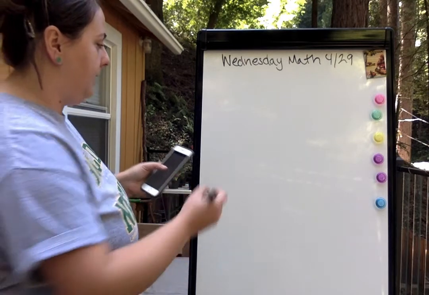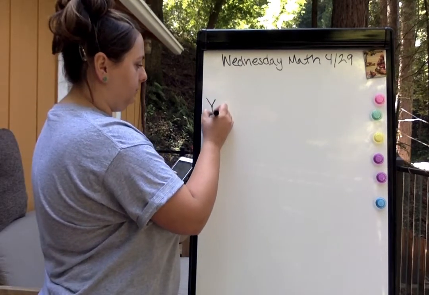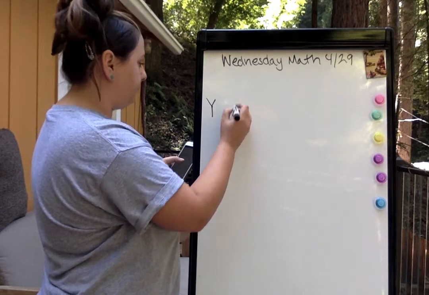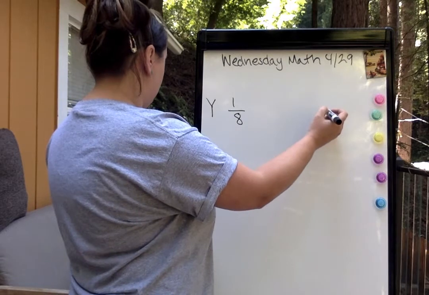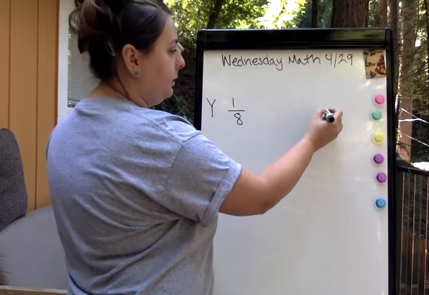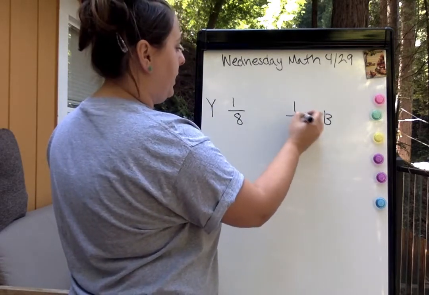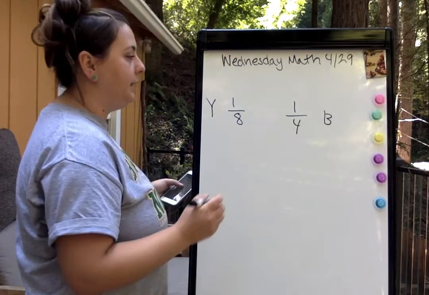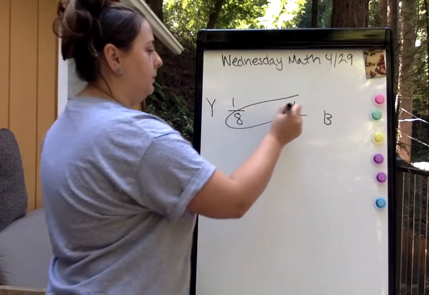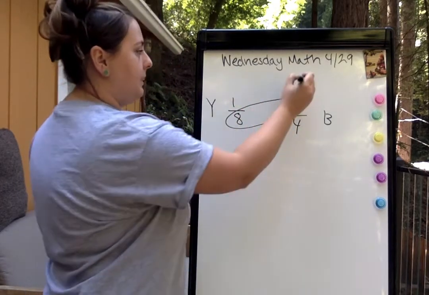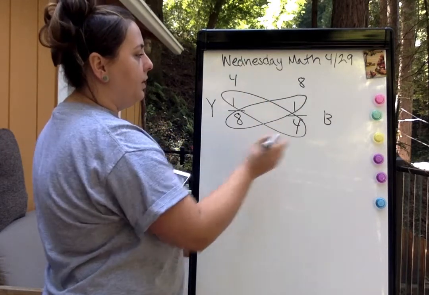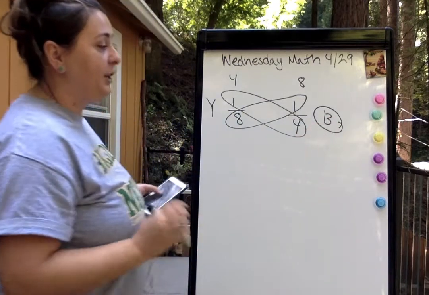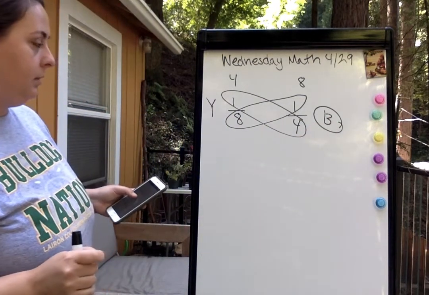I'm going to pick the yellow, which is 1/8, and the blue, which is 1/4, and compare them. And that's going to be 8, and this is going to be 4. So blue is the larger fraction.